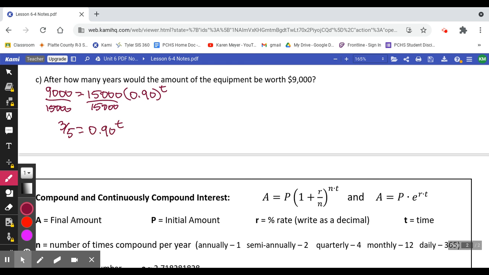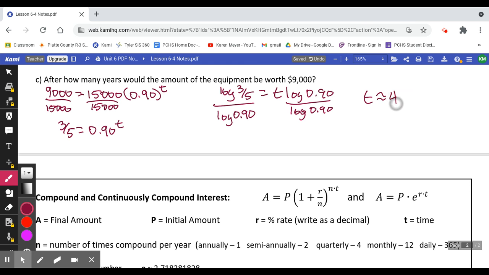Put a log on both sides to get that exponent down. So log 3/5 equals t log 0.9. Then we divide by log 0.9, and I get t to be about 4.8 years, roughly.